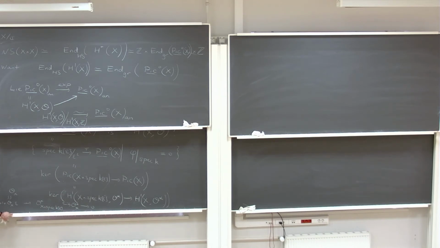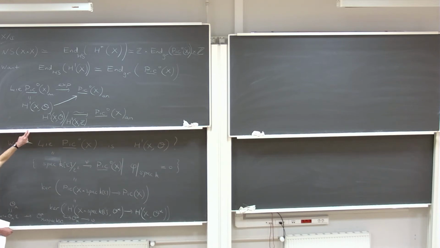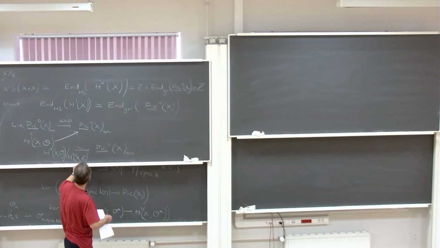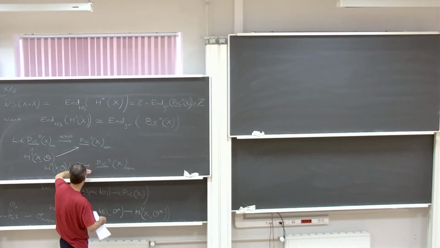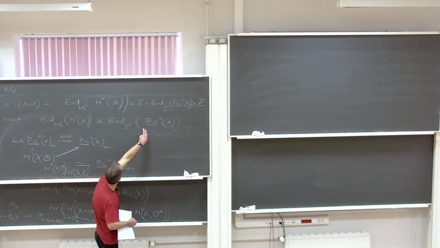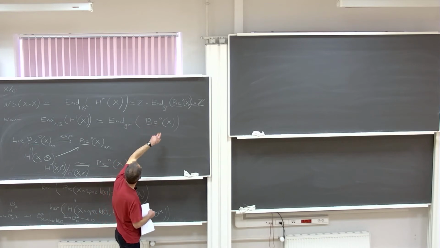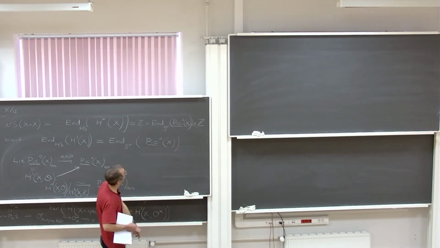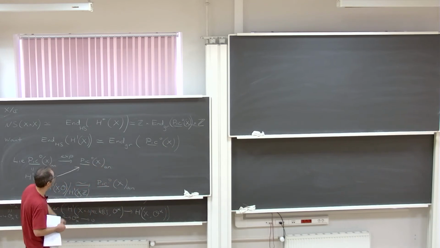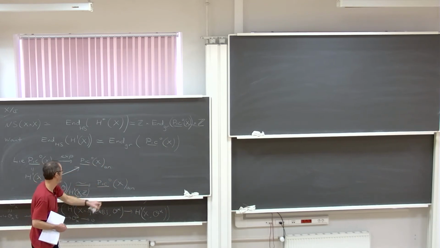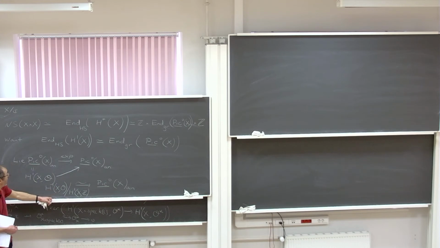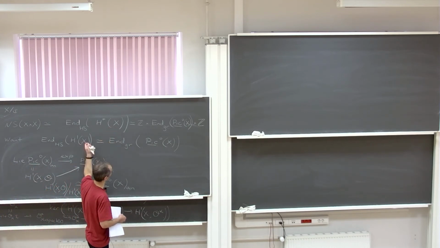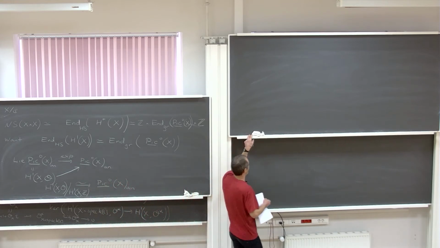So now I want to use this to show that endomorphisms of this scheme, or the same of this Lie group, is the same as endomorphisms of this Hodge structure on H1.